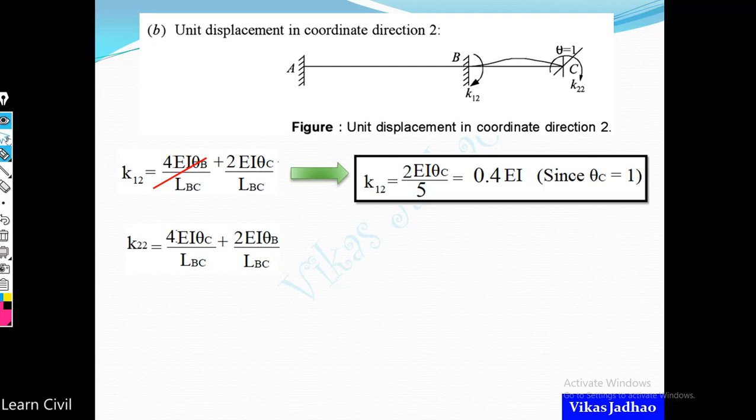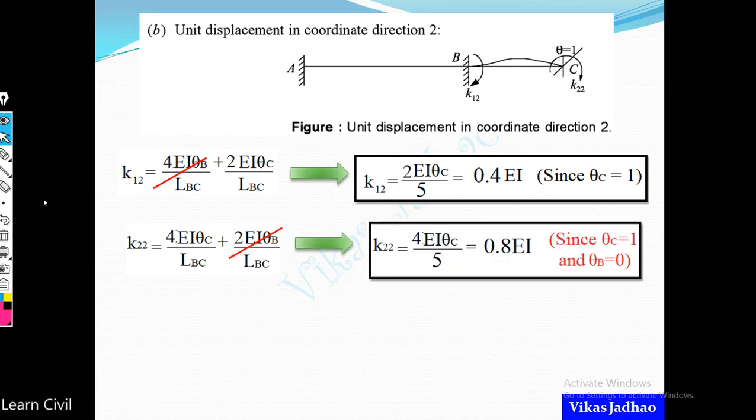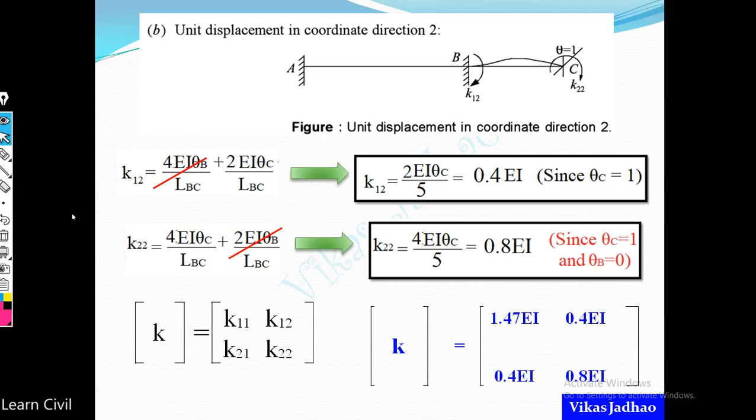Now we know that support B is a fixed support, therefore the term with theta B will be cancelled or it will be 0, and theta C is equal to 1 because we have applied unit rotation theta C equal to 1 at joint C. So we get k22 is equal to 4 EI theta C divided by 5, and with theta C equal to 1, it will become 4 by 5 or 0.8 EI. So the stiffness matrix coefficients will be like this: 1.47 EI, 0.4 EI, 0.4 EI and 0.8 EI.